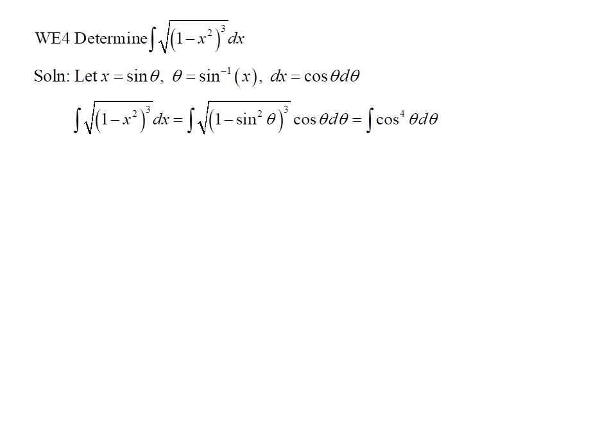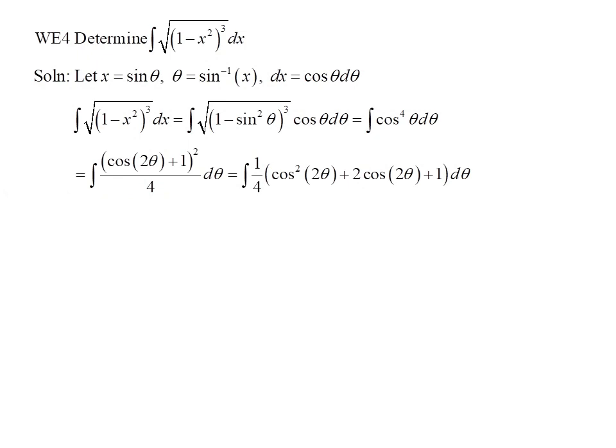Hence, the antiderivative is written as the integral of the square root of 1 minus sine squared of theta, all in parentheses cubed, times cos theta d theta, which is simplified to the integral of cos to the fourth theta d theta. Then we may repeatedly apply the double angle formula to bring down the power of the cos to the fourth of theta.